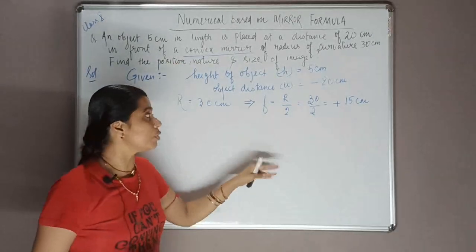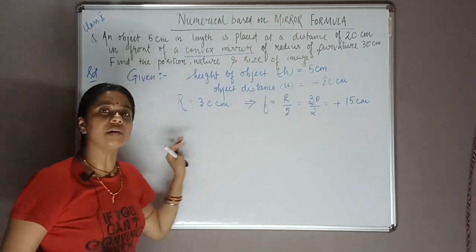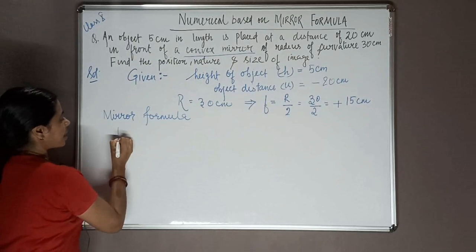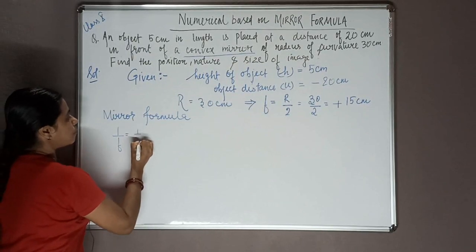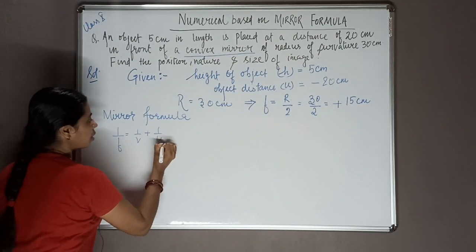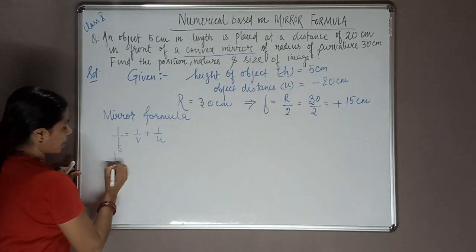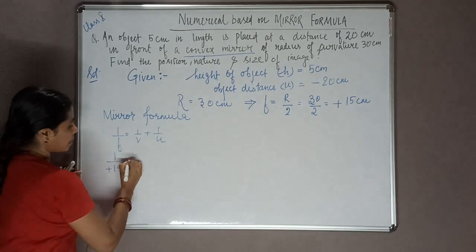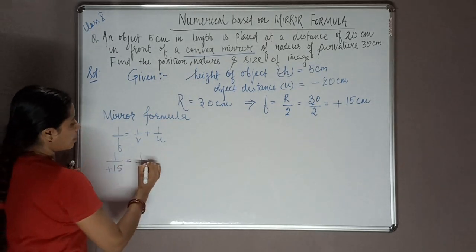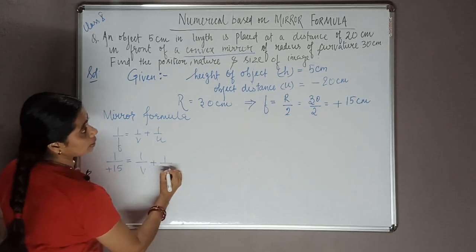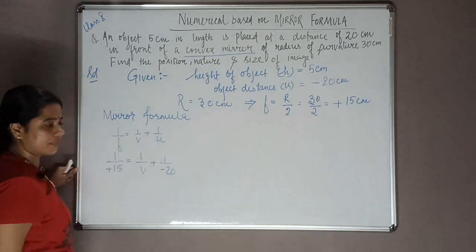Proceeding further, we will use these values in the mirror formula. 1 by F is equal to 1 by V plus 1 by U. F is equal to plus 15 centimeter. So 1 by plus 15 is equal to 1 by V plus 1 by minus 20.